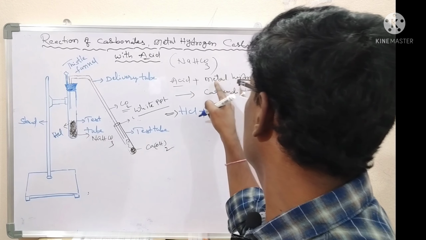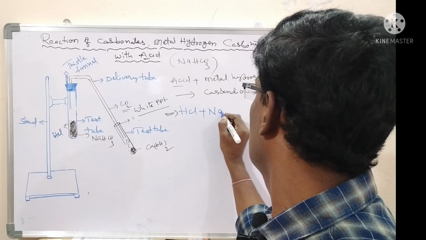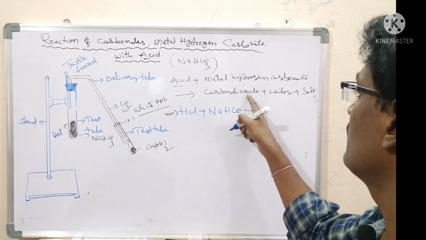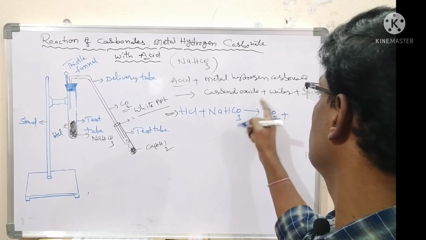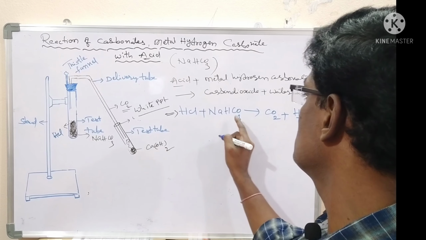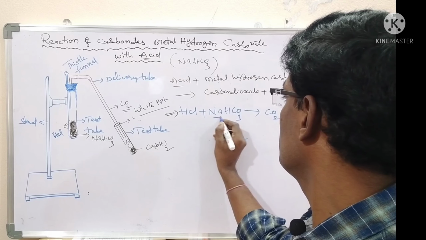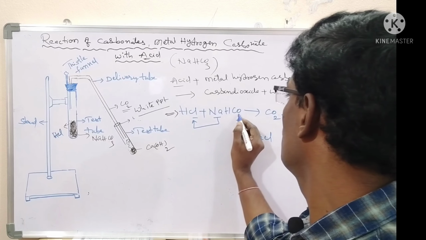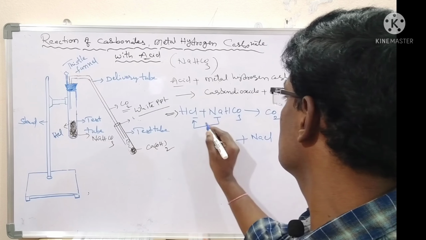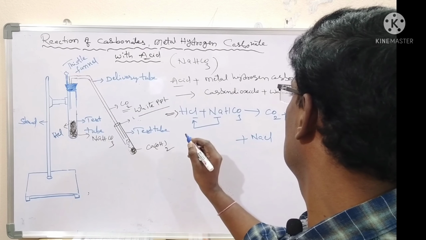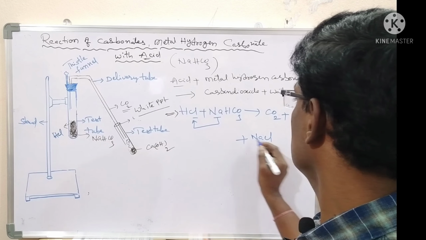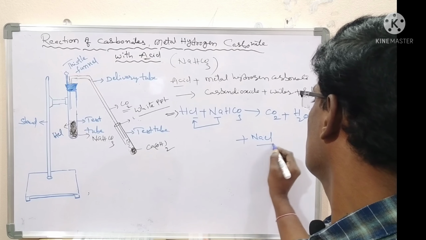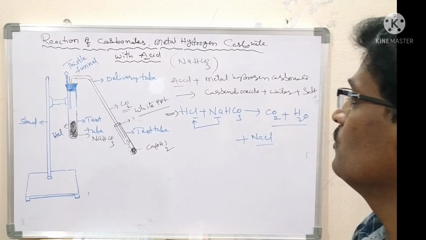Metal hydrogen carbonate: NaHCO3. It gives carbon dioxide plus water and salt. What is the salt? Na reacts with Cl, NaCl. One oxygen is shifting here. Now H2O, two hydrogens are there, H2, one oxygen is shifting. Carbon dioxide. Oral conclusion we have to give.